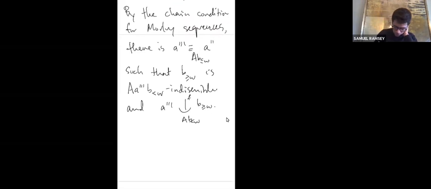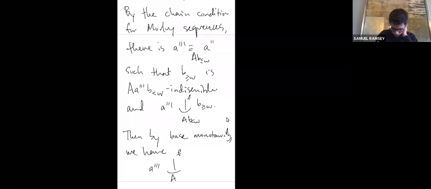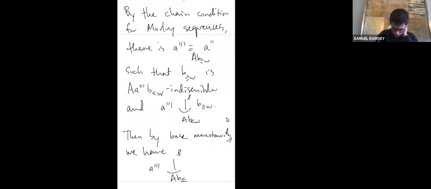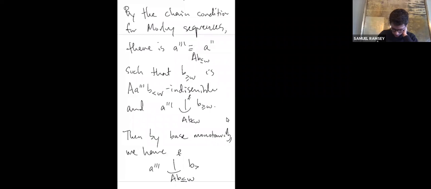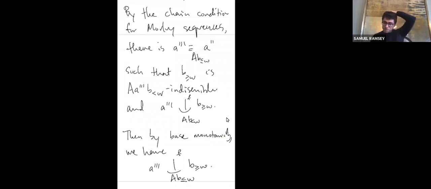Okay, so then by base monotonicity, again, we have A triple prime is independent over A B less than or equal to omega with B greater than or equal to omega. I just moved the omega bit into the base.